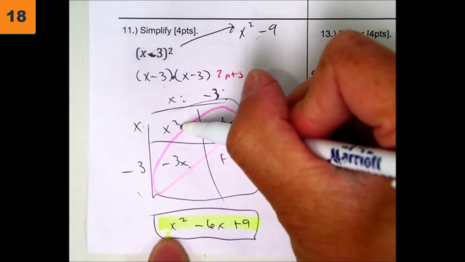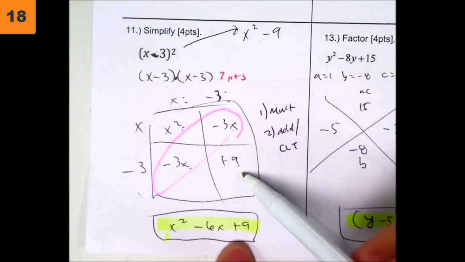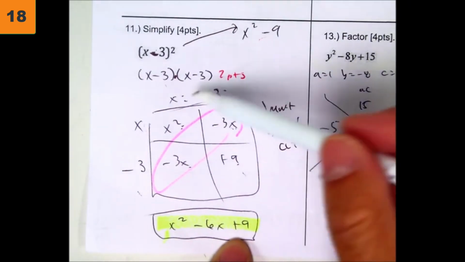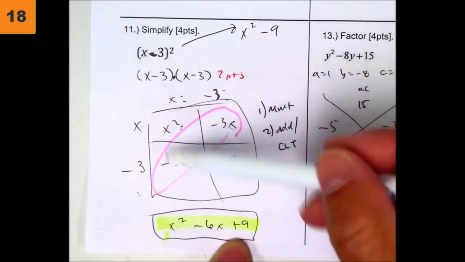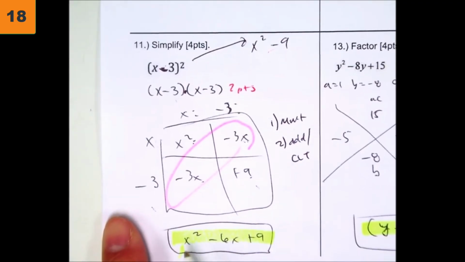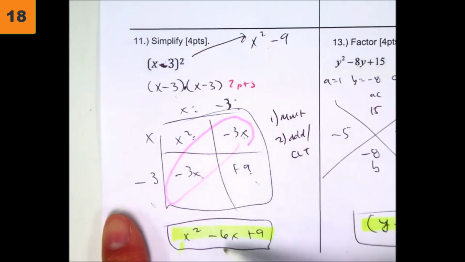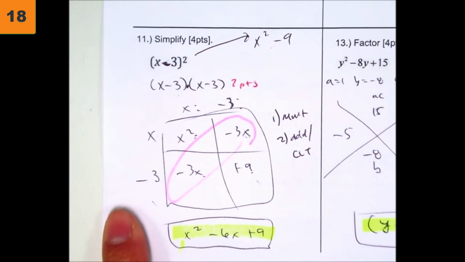So this would be x squared minus 6x plus 9. I gave you 3 points if you were doing the box and everything inside the box is correct, but out here, I don't know. Maybe you didn't get it right. Maybe you wrote, I don't know, positive 9x or something like that. Okay?